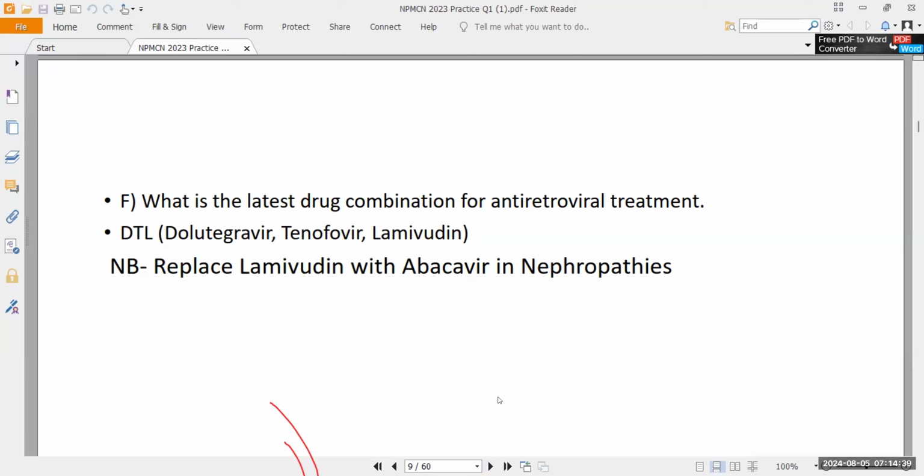Then, depending on the stage of nephropathy, if the eGFR is less than 30 mL per minute, the dose of abacavir will also be reduced to 50. The normal dose is 300. So I'd like to reduce it to 50 to 100 milligram.